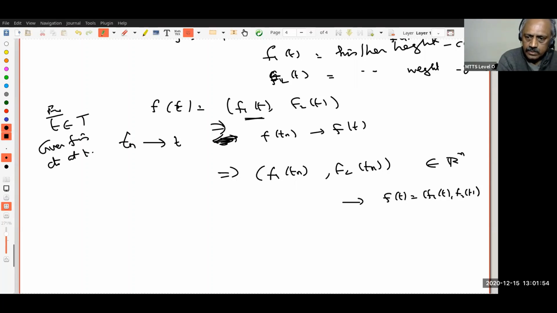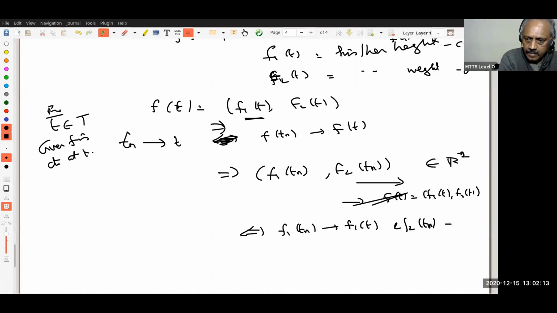Therefore, this sequence of vectors converges to this vector. Now again in R2, we know that this sequence converges to this vector if and only if f1 of Tn converges to f1 of t and f2 of Tn converges to f2 of t. You follow that?